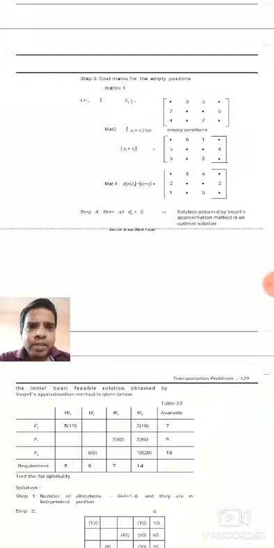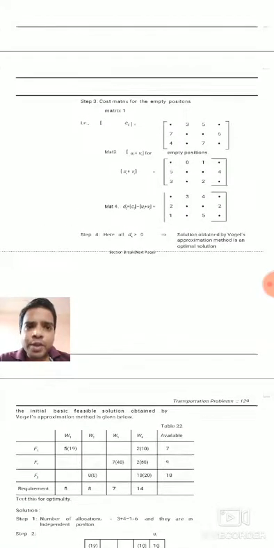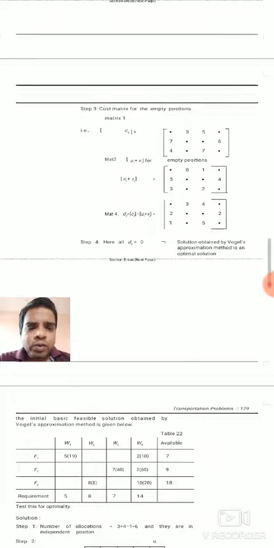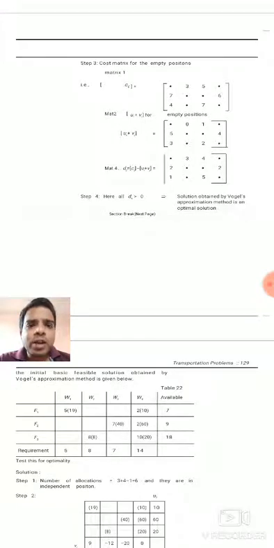Matrix 1 is the original unallocated cells, and in matrix 2 we get the new matrix for the unallocated cells by using the values of u1, u2, u3 and v1, v2, v3, v4 through the formula ui plus vj.